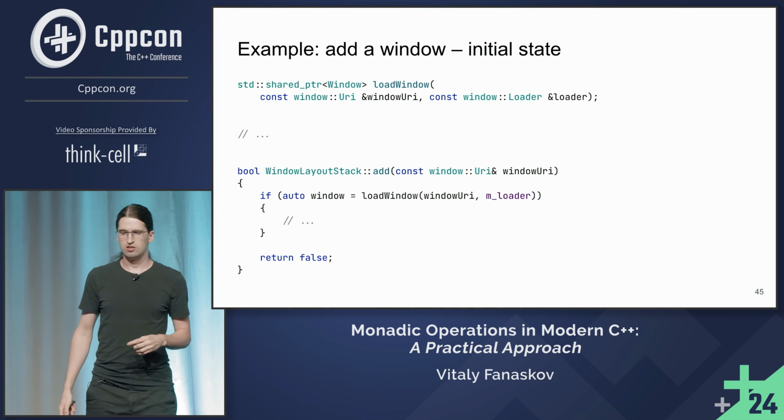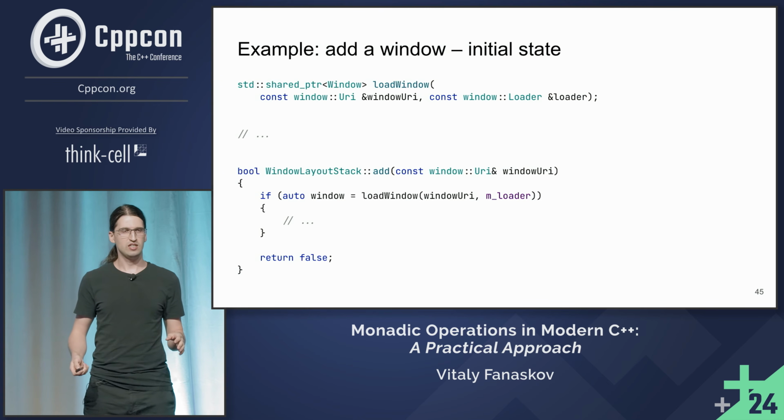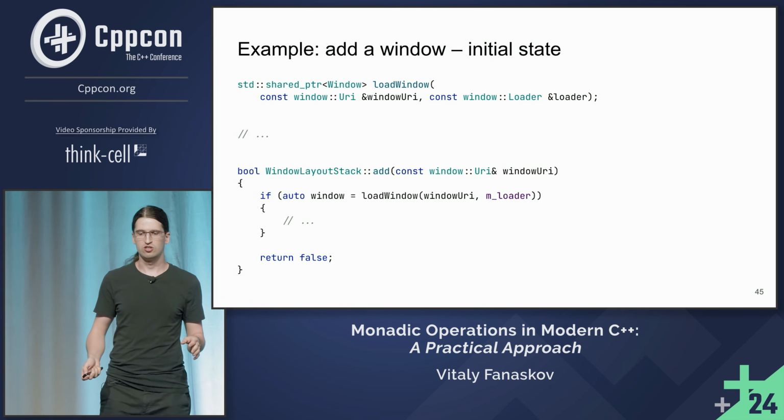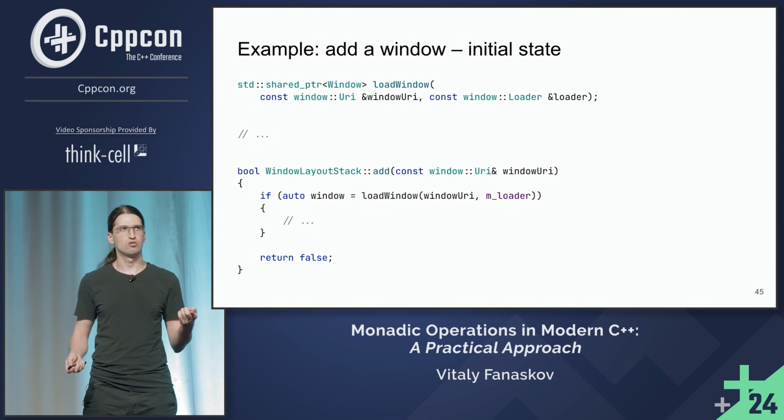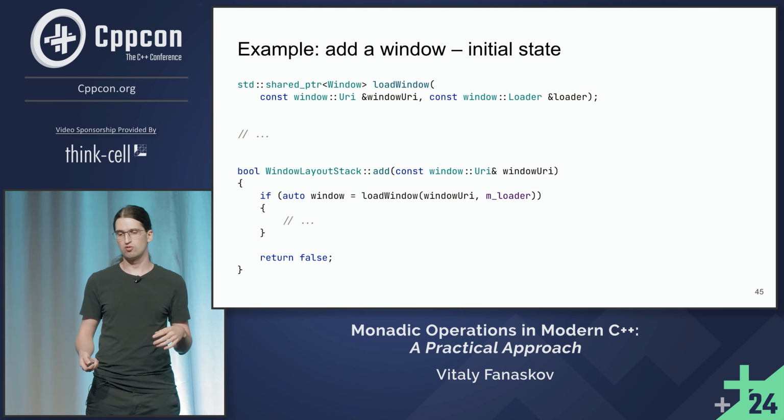And how can we do that? Say we had the object-oriented interface here. That function used the first function I showed you in one of the previous slides for loading the layout window. It now accepts some window URI and the loader class for loading stuff, and returns the loaded window as a shared pointer.